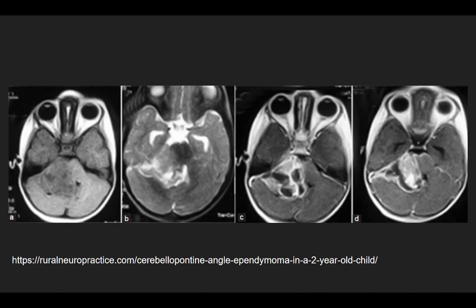So it's really important when you see imaging to correlate all the sections and also the age group. Your point was excellent that when we get such imaging, we need to see the supratentorial compartment and rule out hydrocephalus, which is going to be a lot more problematic in the short term than the tumor itself.